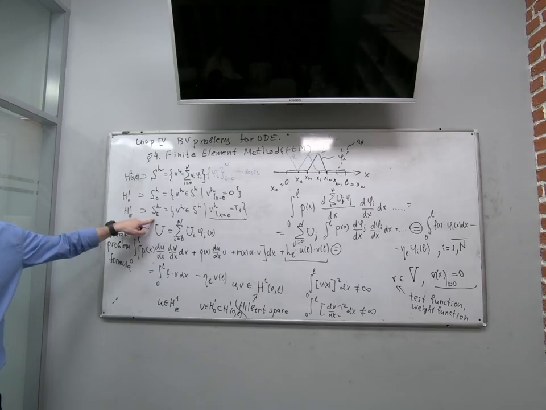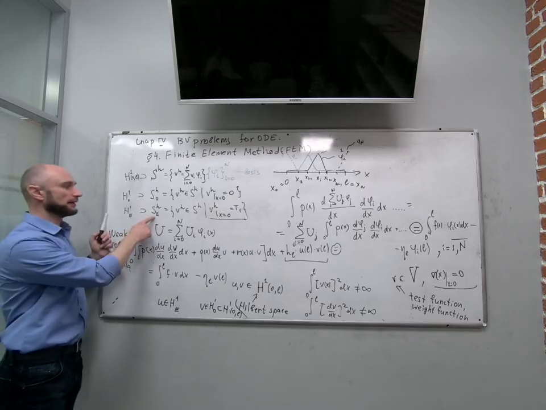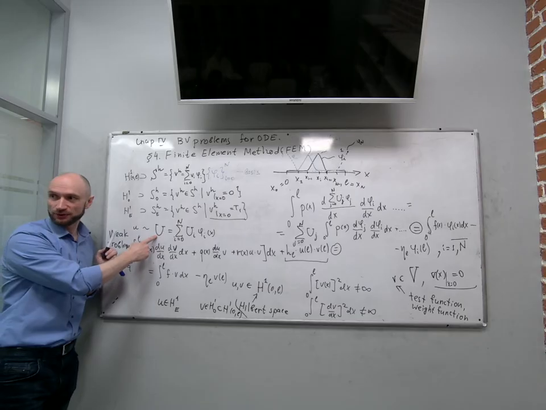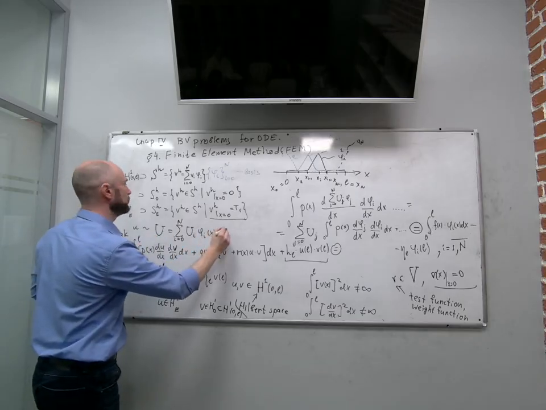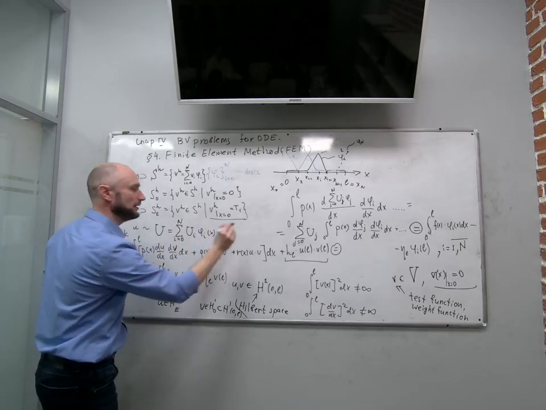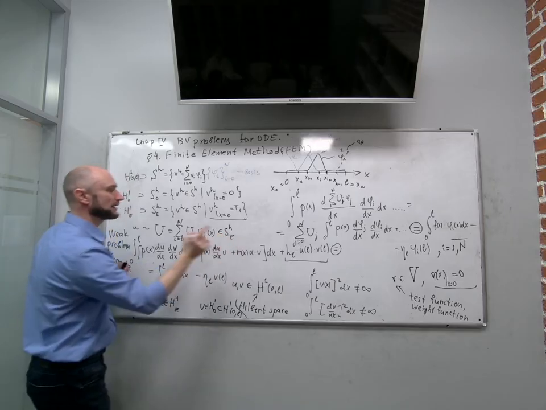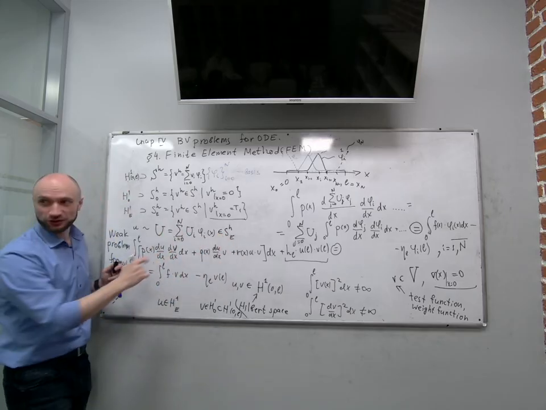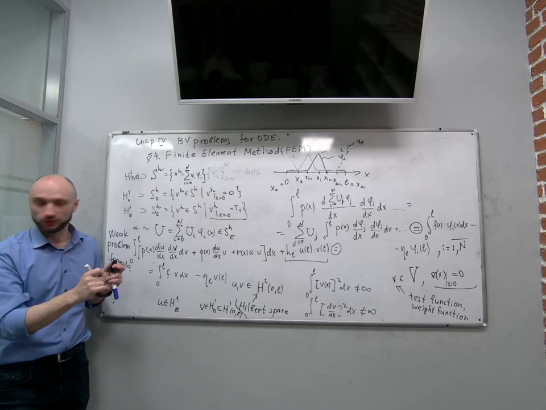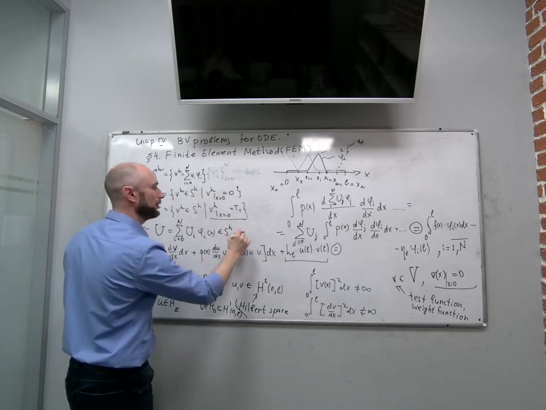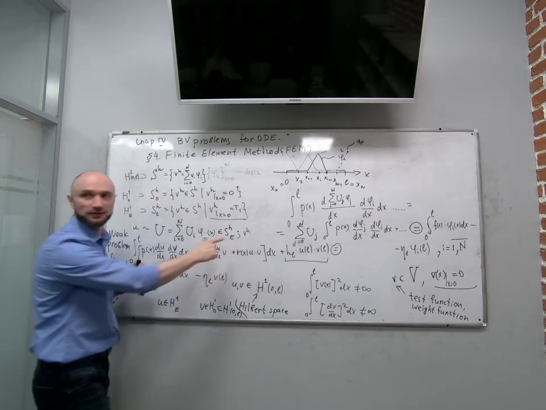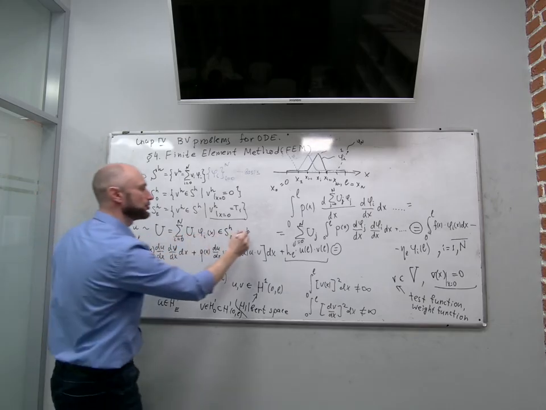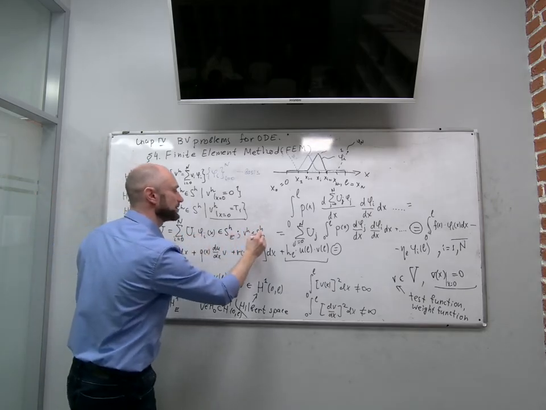Our solution, u capital, should belong to SH. But our test function in the finite dimensional space should belong to SH0.